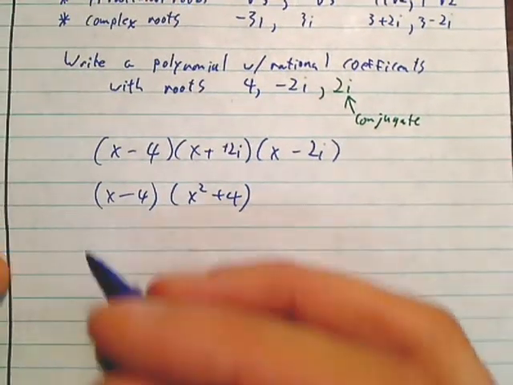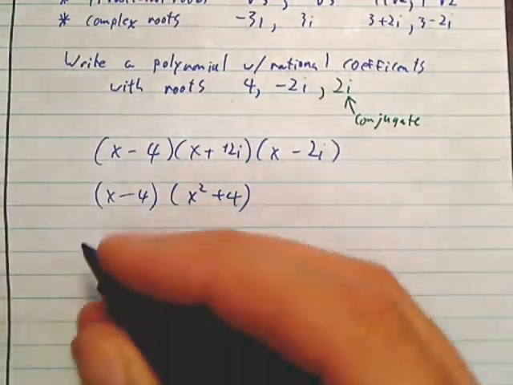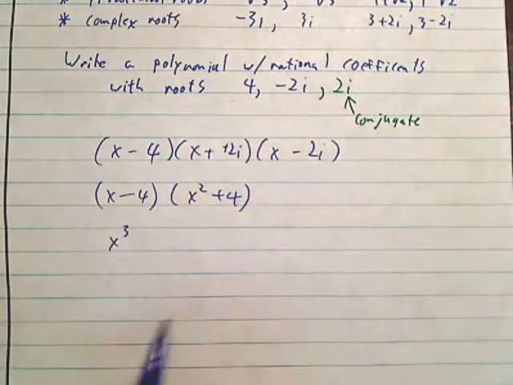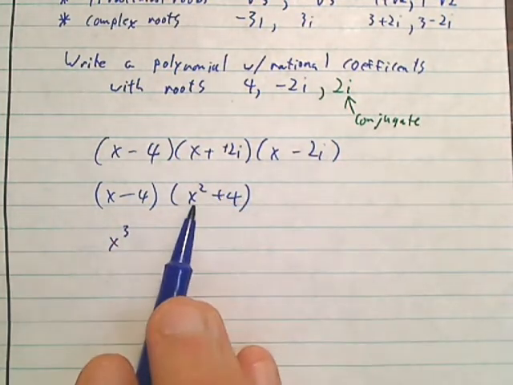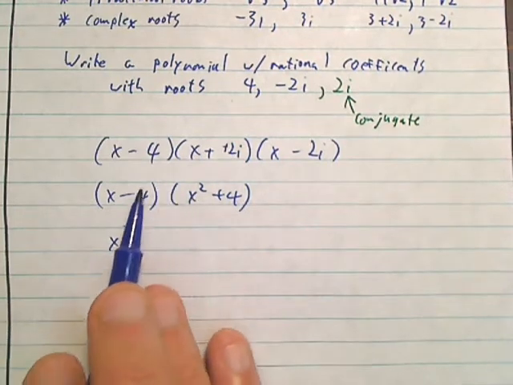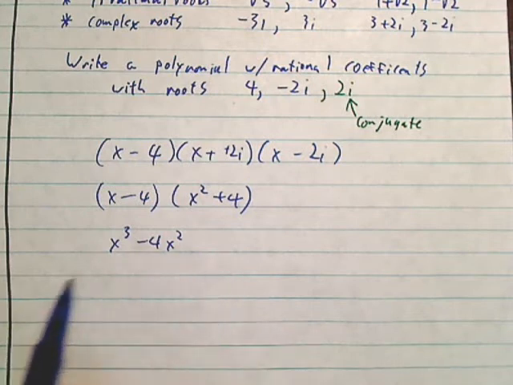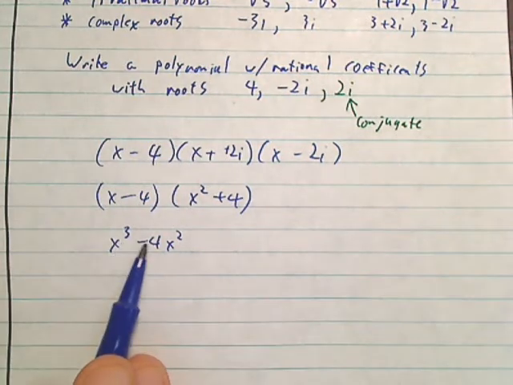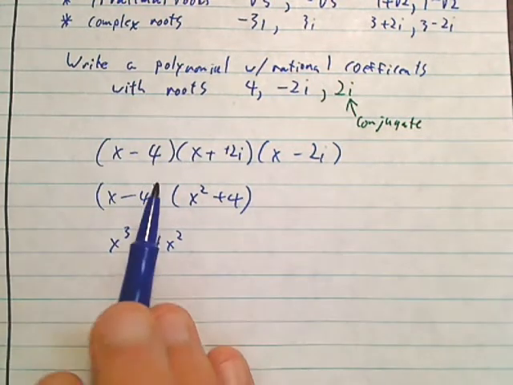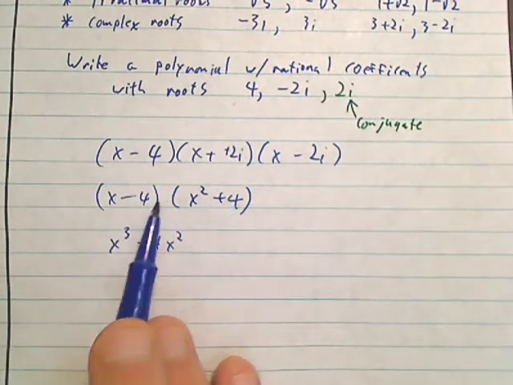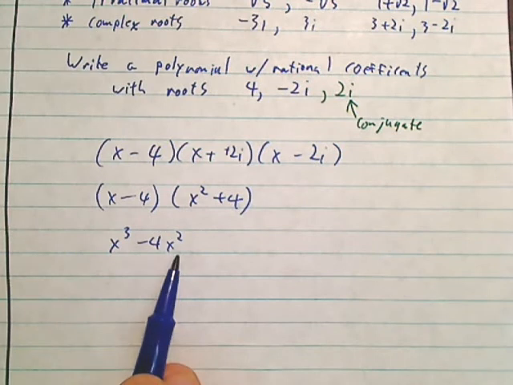Okay, let's continue here. Let's multiply these together, and I'm going to FOIL these. I'm going to do it in an order so that they are in the order I want them to be. So the inside next, negative 4 times x squared, negative 4x squared, because I want to write this in standard form. I want the cube first, and then the square. So between the inside and the outside, the inside one was going to give me the standard form.